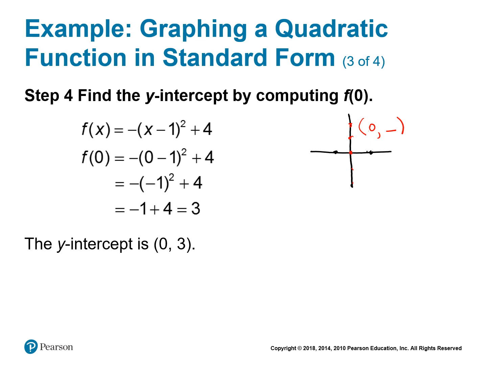So since we know the x coordinate of the y-intercept is always going to be 0, just plug in 0 for x and evaluate this expression. So they plugged in 0 for x and we got -(0 minus 1) whole squared plus 4.